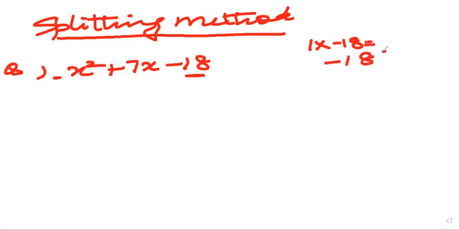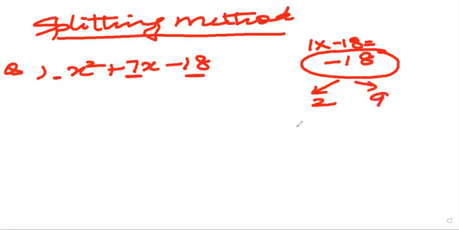Now, children, you have to find the factors of 18 so that your answer comes out 7. Okay, let's check. I am taking 18 as 2 and 9. 9 twos are 18. Let's check whether you subtract or add, will you get the answer as 7?